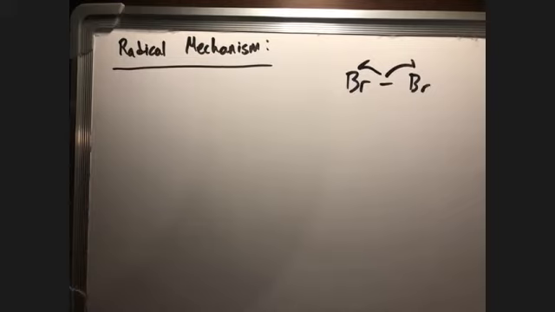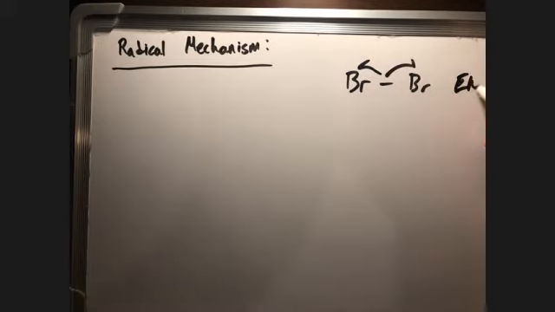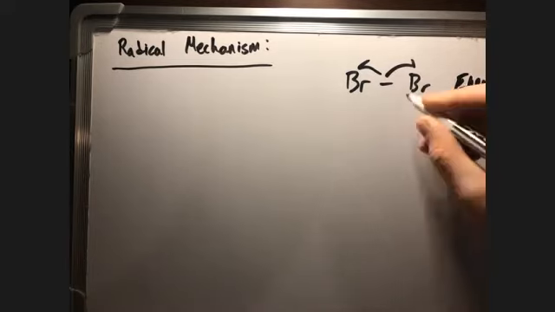It takes a lot of energy for that to occur. And if it doesn't occur, none of this chemistry is possible. So you need energy, and lots of it. So I'll just say energy input for this to happen.